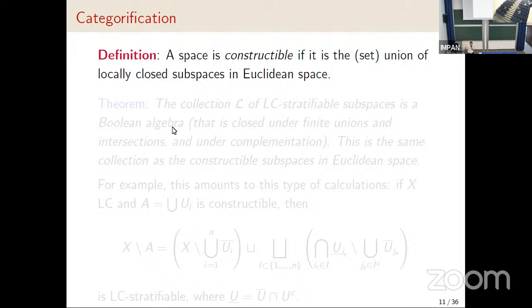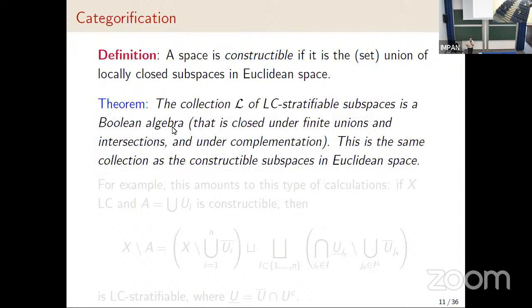So if you take something called constructible sets, a union of locally closed subspaces, they could overlap. Then you show that the spaces which are stratifiable by locally compact sets are the same as the constructible sets.